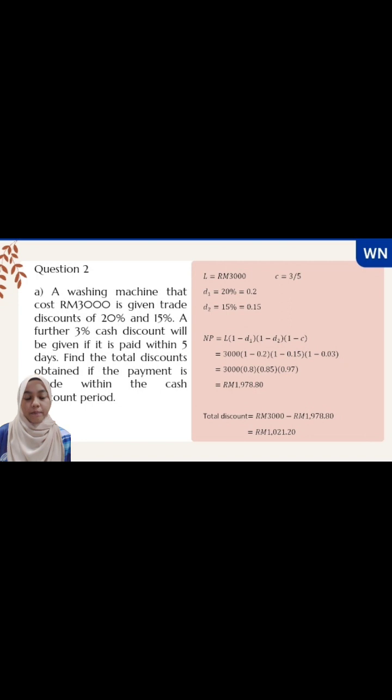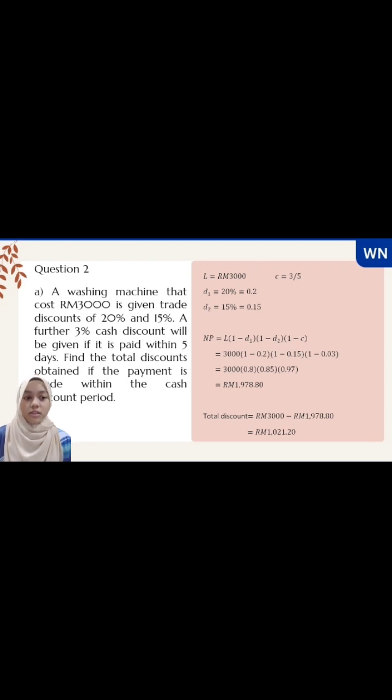We use the formula MP equals L times (1 minus D1) times (1 minus D2) times (1 minus C), equals 3000 times (1 minus 0.2) times (1 minus 0.15) times (1 minus 0.03), equals 3000 times 0.8 times 0.85 times 0.97. So MP equals RM 1978.80.